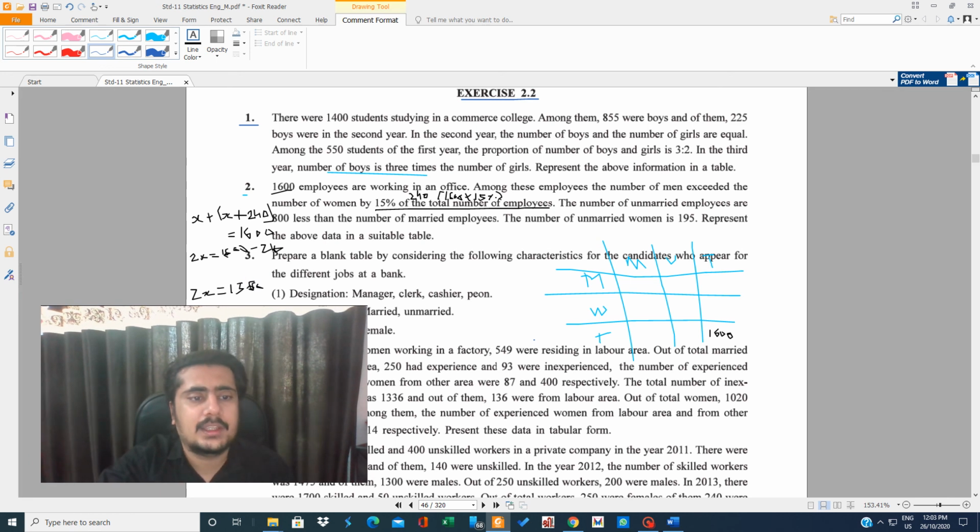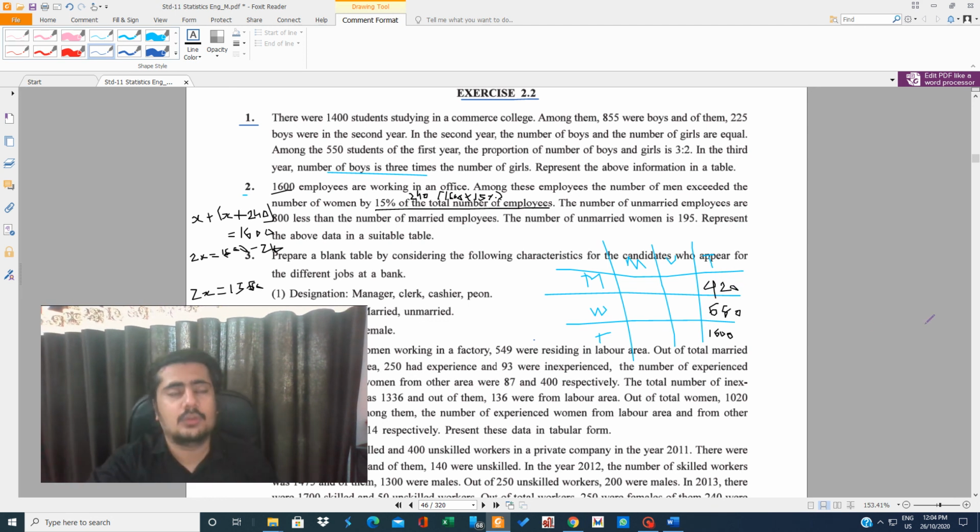X is 1360 upon 2, that is 680. Now what is this 680? This 680 is women, X is women. Men is 680 plus 240, so men is 920.